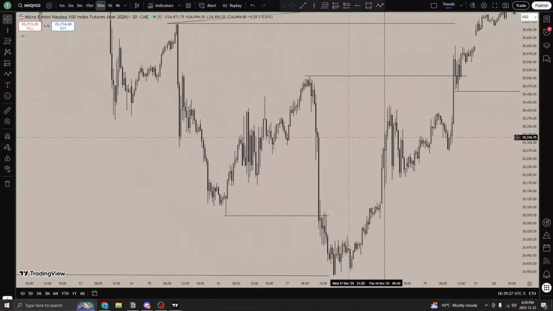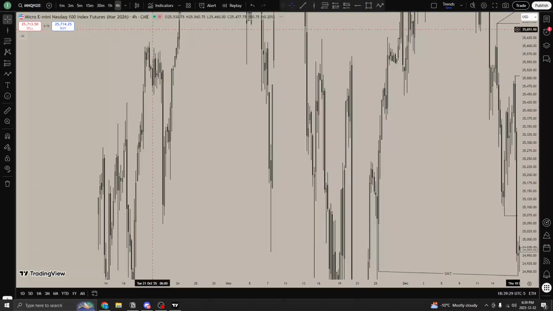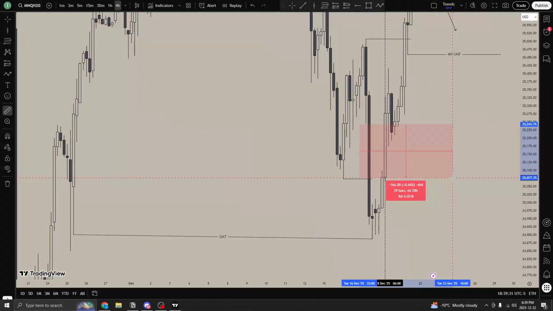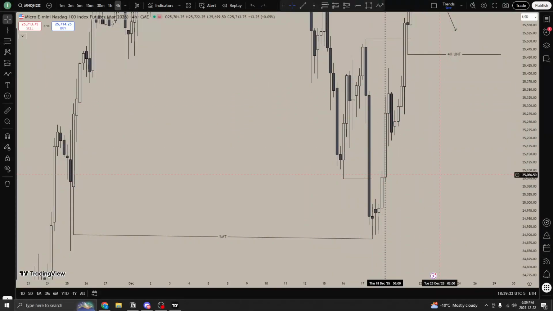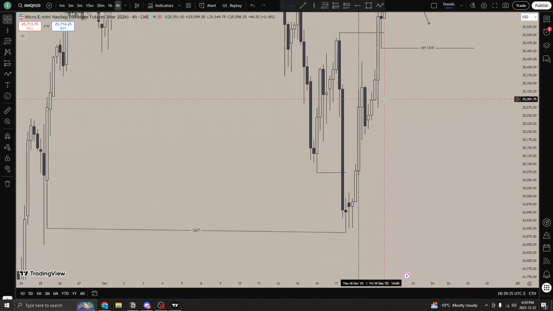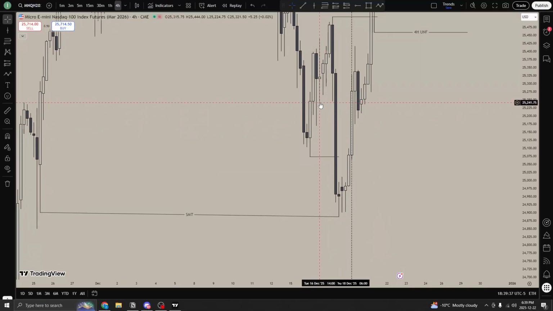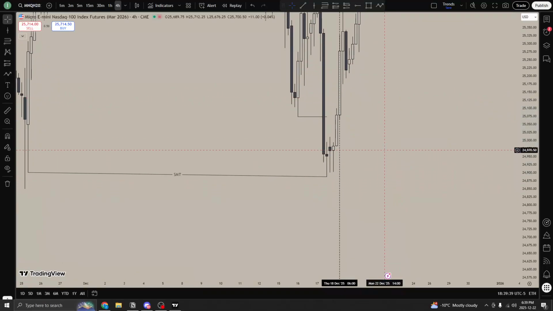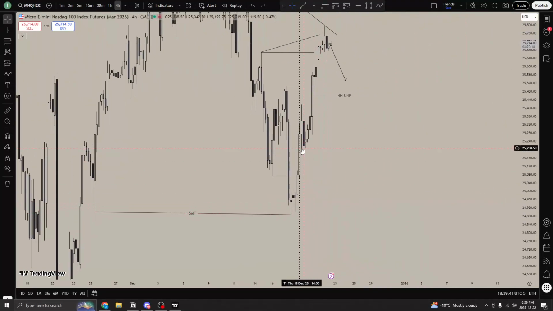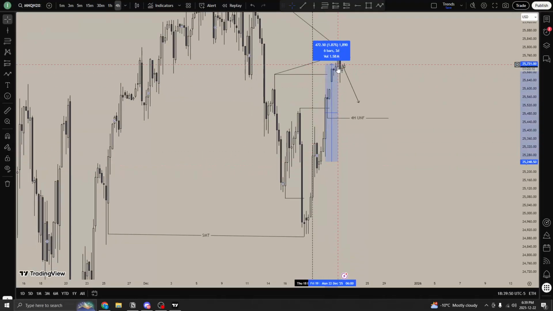So once you see we're inside this 4-hour gap, we're holding this 4-hour gap here. We're not even close to inversing it yet. You don't want to see price hold it and then go back down to these lows, because you don't know. This is the one confirmation you need to make sure that your bias is actually bullish and not bearish.